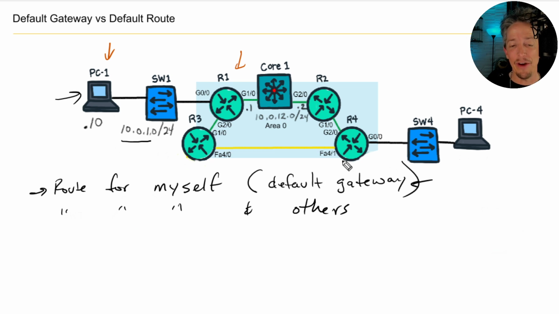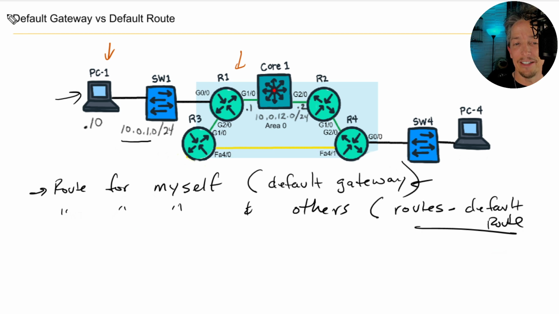Secondly, if we have a device that's routing for itself and others, it's going to be using routes. And if it doesn't have a specific route for how to route, it's going to use what's called a default route. So here's what that means. If we have a device, and I'll put these in two separate colors, that is routing for itself, meaning it's not forwarding on behalf of other people's traffic, it's going to need a default gateway if it ever wants to forward a packet off of its local network.